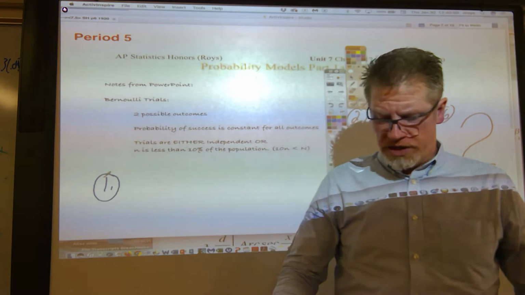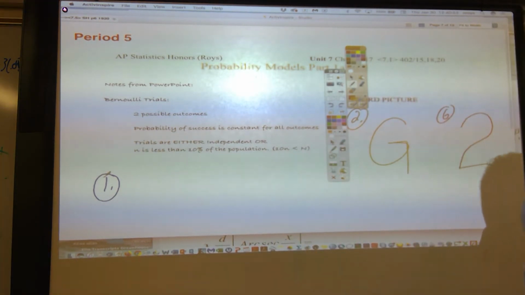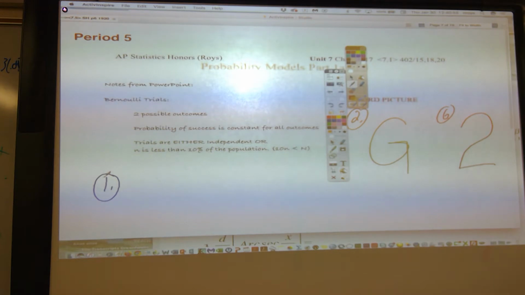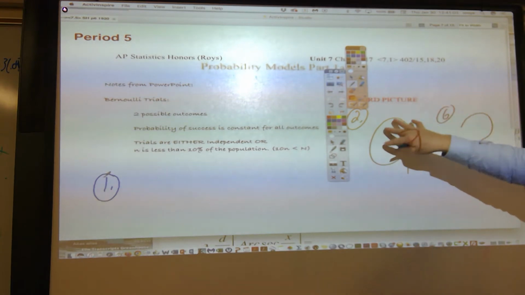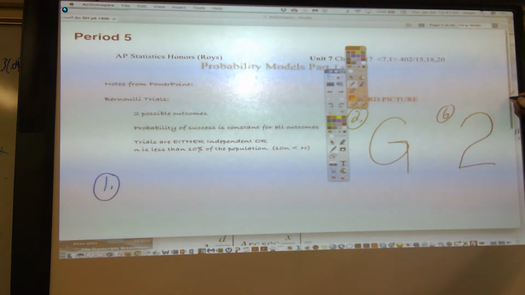So let's just try to squeeze problem 1, which has parts A, B, and C. And after we get through parts A, B, and C of problem 1, I think you will have a pretty good idea of what Bernoulli trials are and what a geometric probability model is.